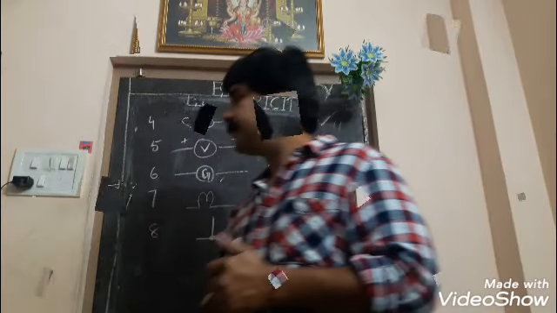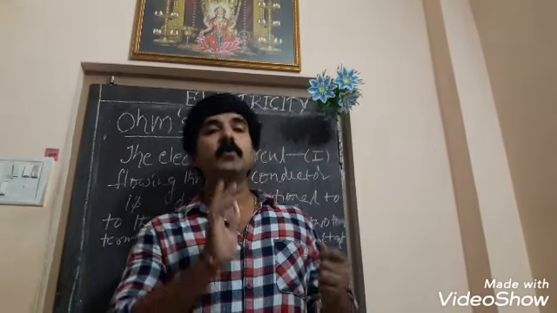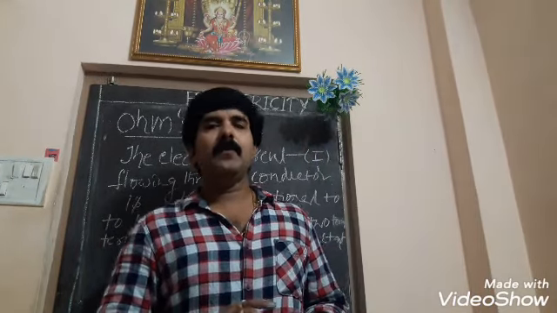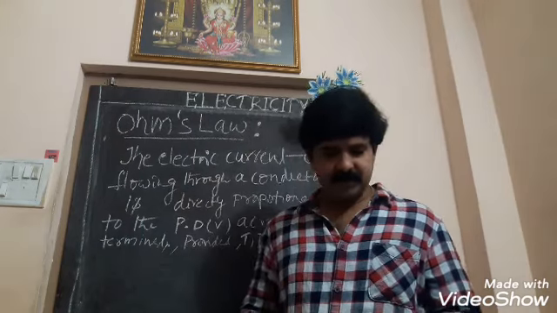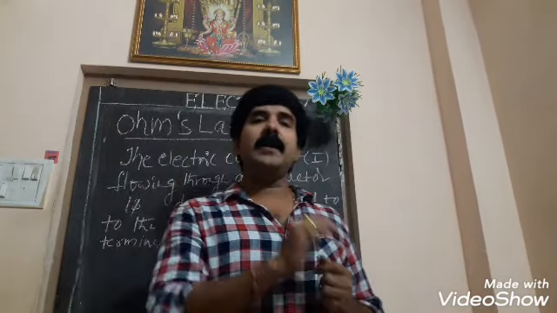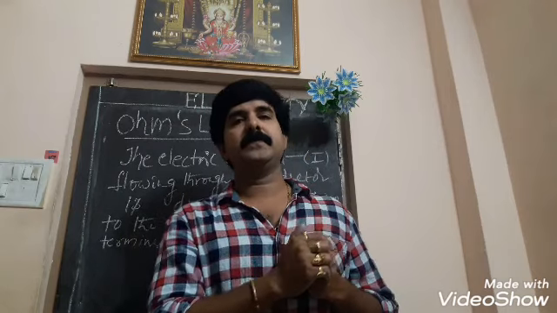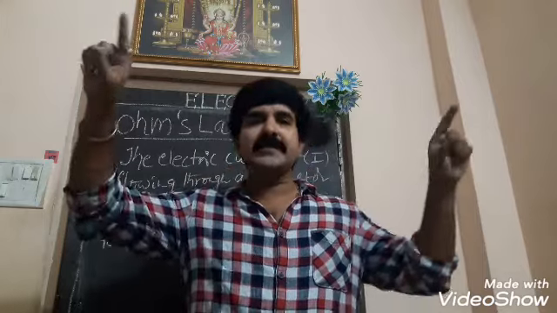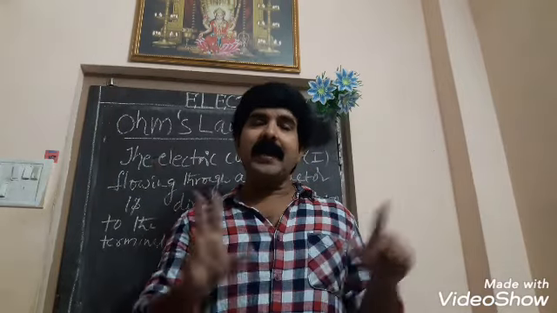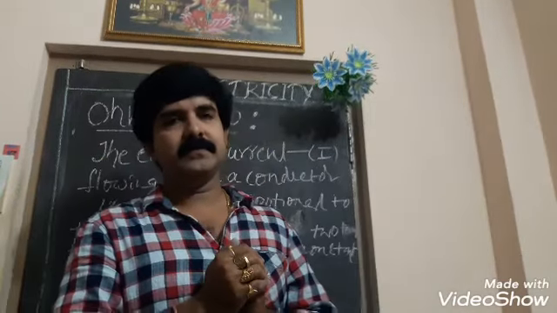Now we learn a beautiful topic, Ohm's law. What is Ohm's law? Ohm's law establishes the relationship between the current flowing in the circuit and the potential difference between the two terminals.